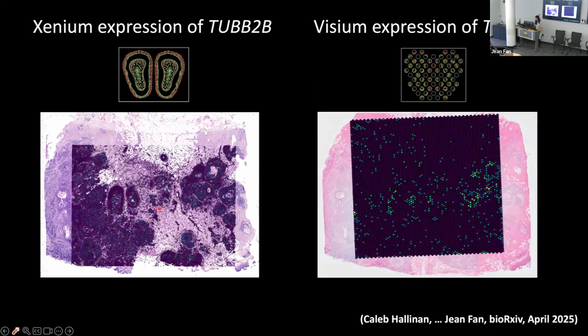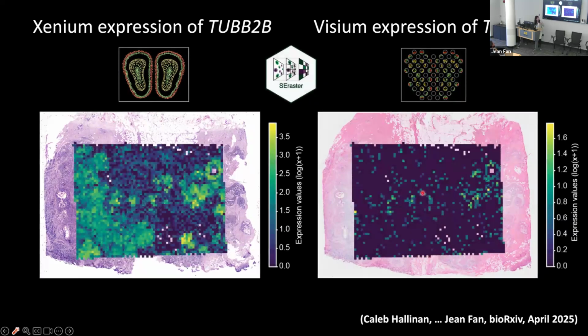However, there are other genes like TUB2B that really piqued our curiosity because in Visium, it looks like this. It's a little hard to see what happens in the Xenium, but if we aggregate to the same resolution, now hopefully it's visually a little more clear. Unlike MS4A1, here they have very different spatial patterns.